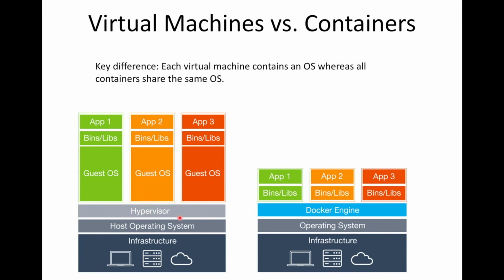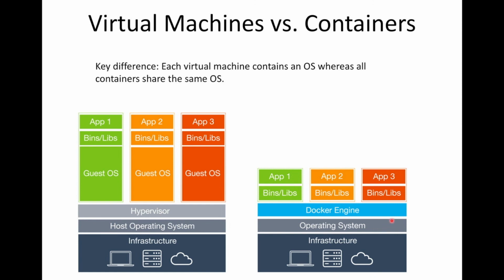That hypervisor could be like VirtualBox, and then we're running guest OSs, and these guest OSs could be Linux, they could be Windows guest OSs, they could be a variety of things. What's important here is that each virtual machine has its own operating system installed. It's a complete operating system for each VM. And then we have our shared libraries and binaries and our applications installed on top of the guest operating system.